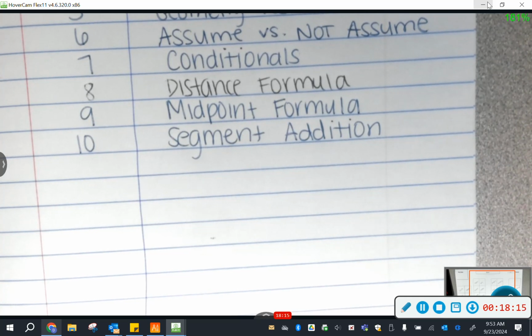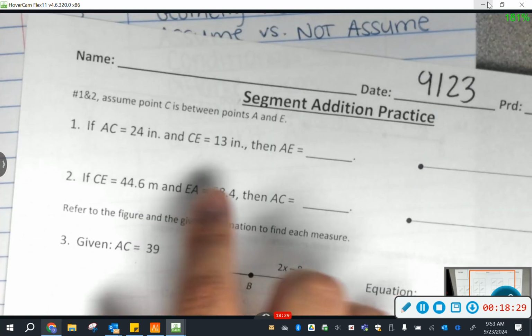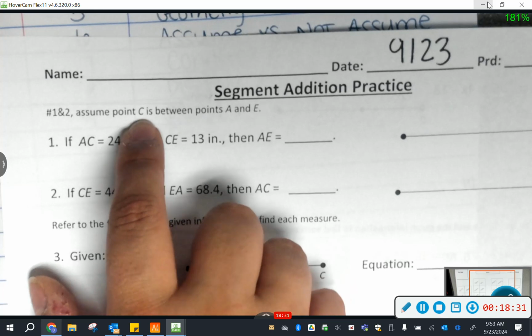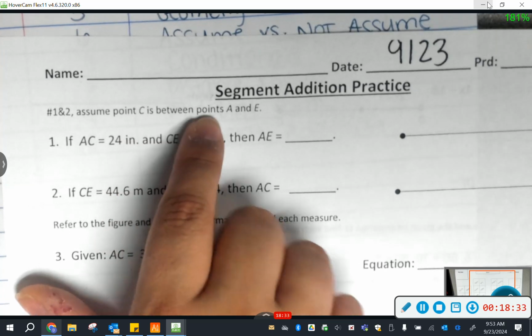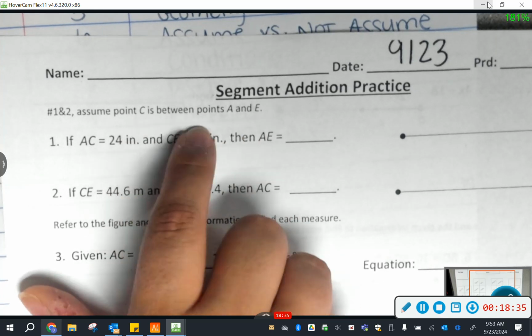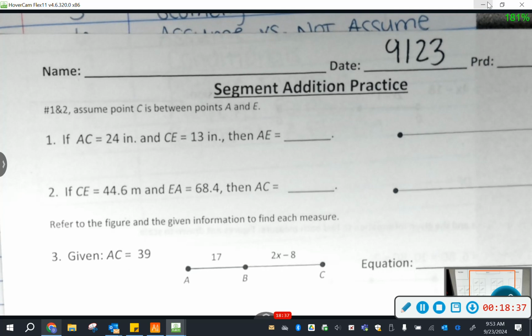For number 2, it says right here, look up top. C is between A and E. That matters. C has to go in the middle. Remember when you're gluing, you are gluing a border and then an X. Don't waste my glue.